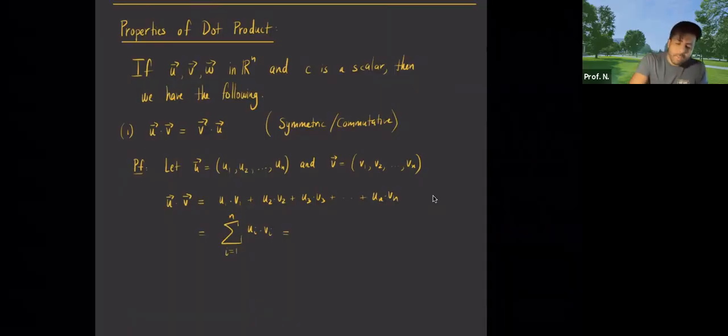But by what property can I change this order? By the commutative property, right? So by the commutative property of multiplication, I can write this as vi times ui. Not a big deal. I can switch this around.